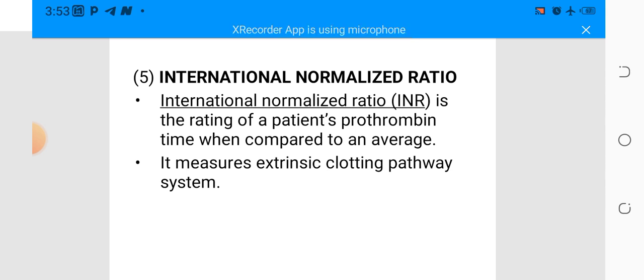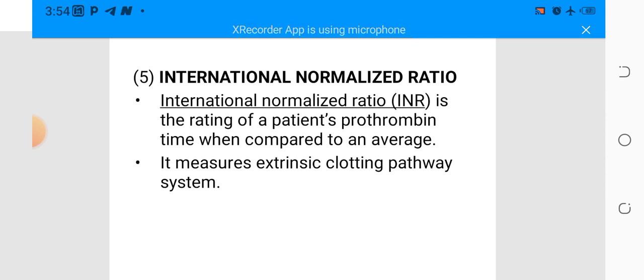So we are comparing the patient's prothrombin time to the average. This one measures the extrinsic clotting pathway system. INR is useful in monitoring the impact of anticoagulant drugs such as warfarin and to adjust the dosage of anticoagulants.